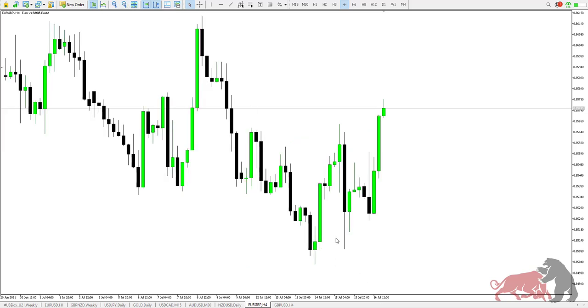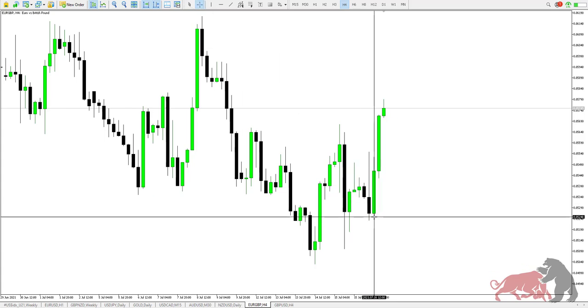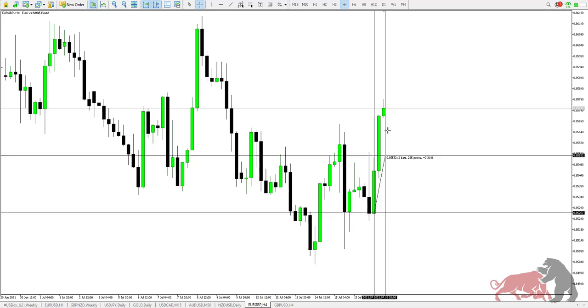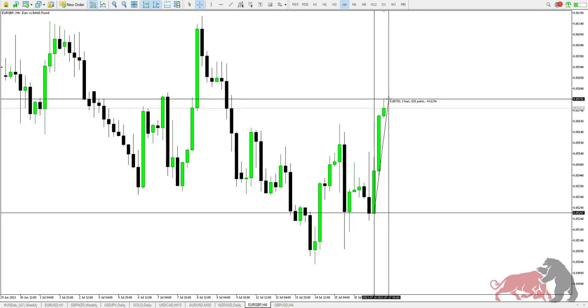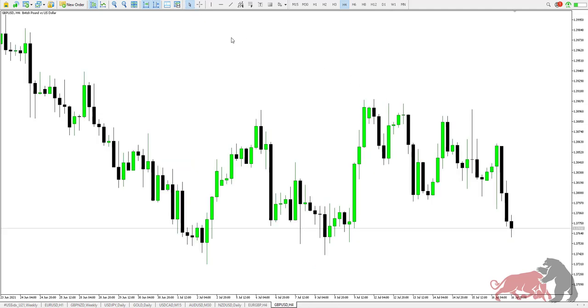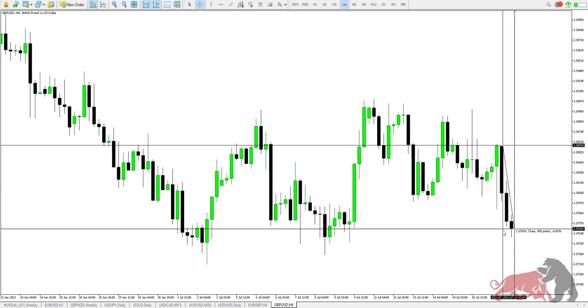So Euro GBP H4, you can clearly see on Friday the 3 price action candles for Friday's close, right? That means from somewhere around mid London session all the way into New York open, Euro GBP rallied for 52 pips. But if you come to GBPUSD, we were trading lower.